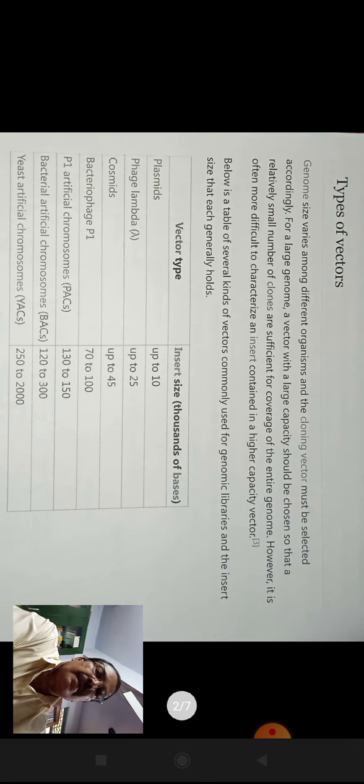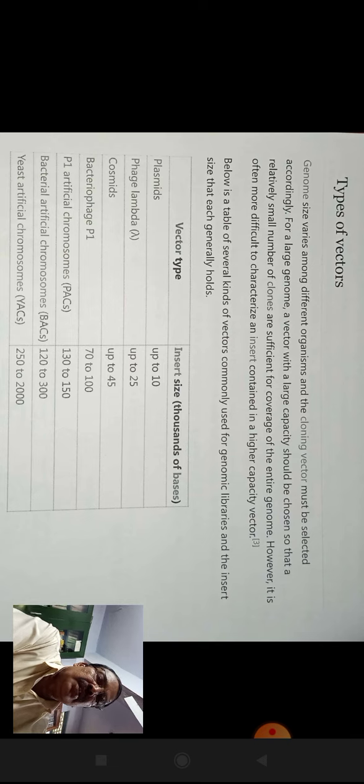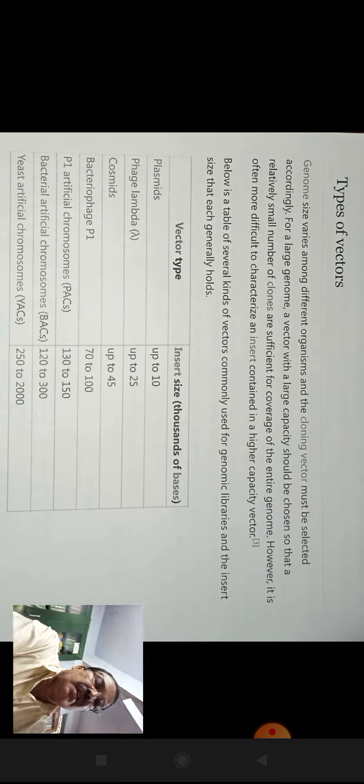My dear students, today's talk is on vectors, types of vectors. Genome size varies among different organisms and the cloning vector must be selected accordingly.